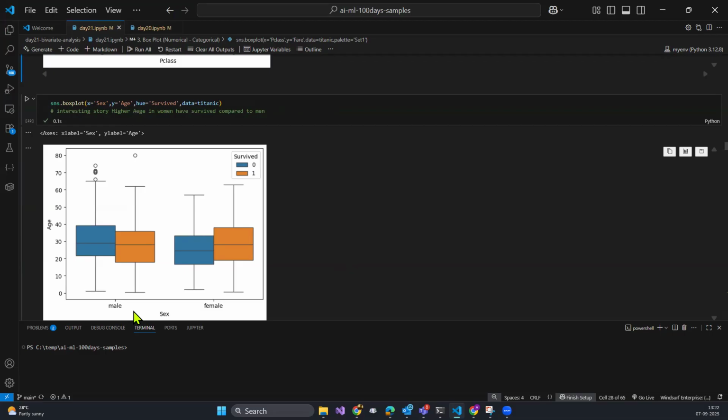So in male categories, we are seeing that who were having more age, they mostly got survived, but few of the men's lesser group age were not survived.